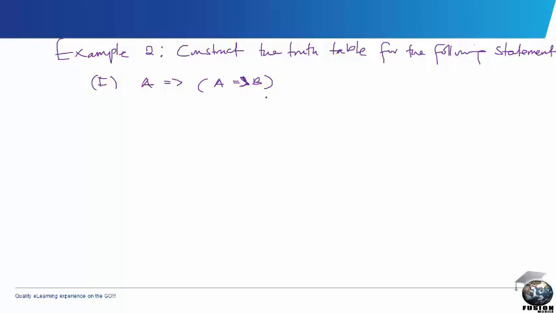Okay, and then for II, you have that in a bracket, A implies B or C, and A or negation of B.